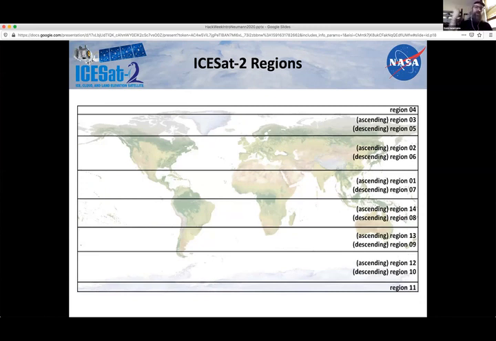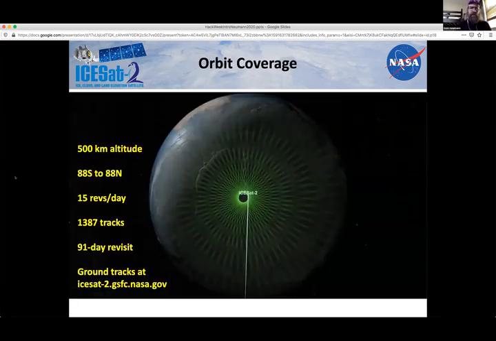So each one of those revolutions has 14 different regions, and we try to choose them intelligently. So if you were interested in interior Antarctica, you could just pull region 11 and you'd get the region that you want. Let's go on to the next one, which talks about the orbit and our coverage.